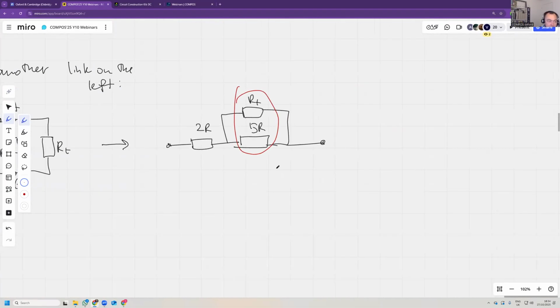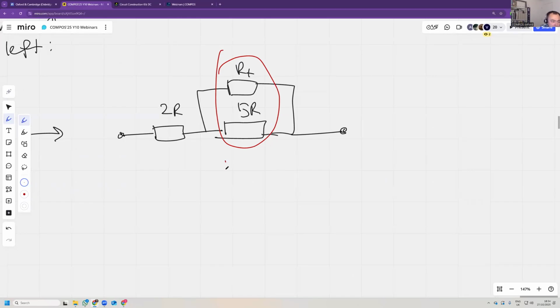And so we have this combination, let's call it R3, and it's RT multiplied by 5R divided by RT plus 5R.